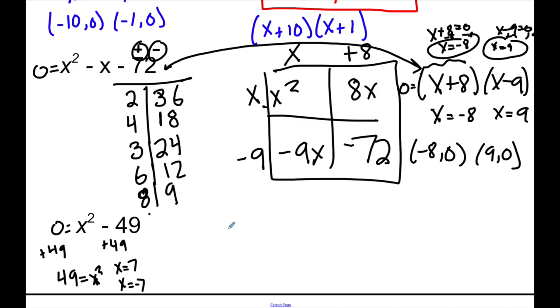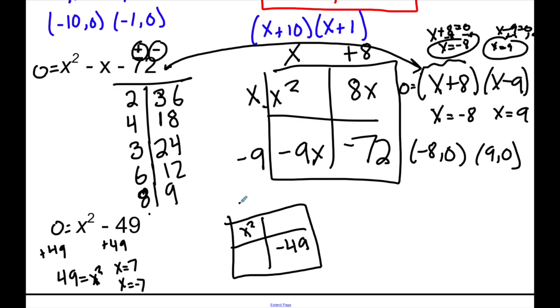If you do it as the box, you get your x squared here. So here's my x and here's my x. I need two numbers that multiply to -49, but add to 0 because there's 0 x's. So what numbers, when you add them, add to 0? Well, they have to be opposites, right?